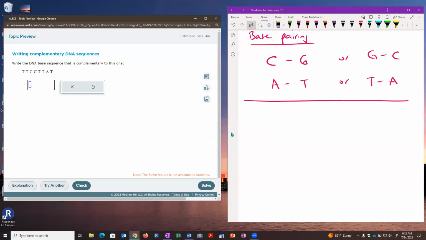You'll have an A, a G, A, and then T, and then an A. So this here is complementary to what we see that's provided, in the same order of the same sequence.